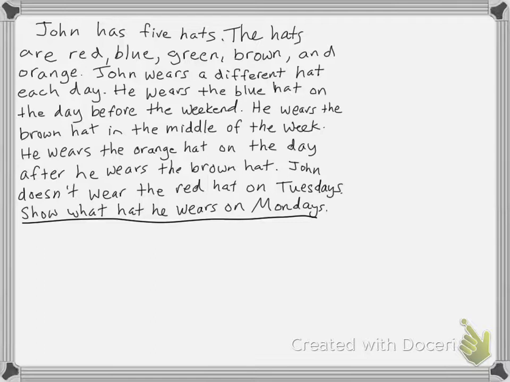So I know the days of the week he wears a hat are Monday, Tuesday, Wednesday, Thursday, and Friday. Okay. So I'm just writing the abbreviation, 1 or 2 letters. It helps save room. All right. So I know that John wears the blue hat on the day before the weekend.